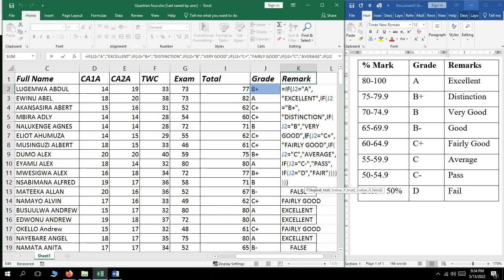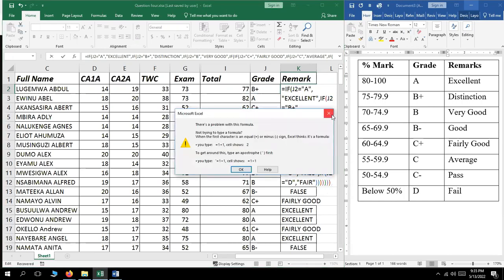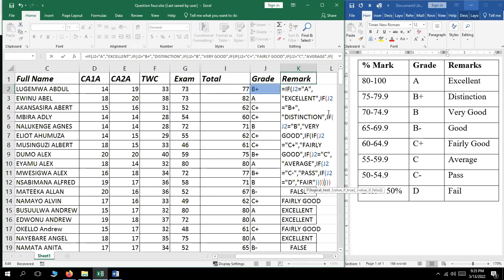Therefore, let me fix it in between there by saying IF, open brackets, we have J2, which is this one. Yes, it's complaining because the brackets we are opening are not corresponding with what we closed. We closed more, yet we opened less.